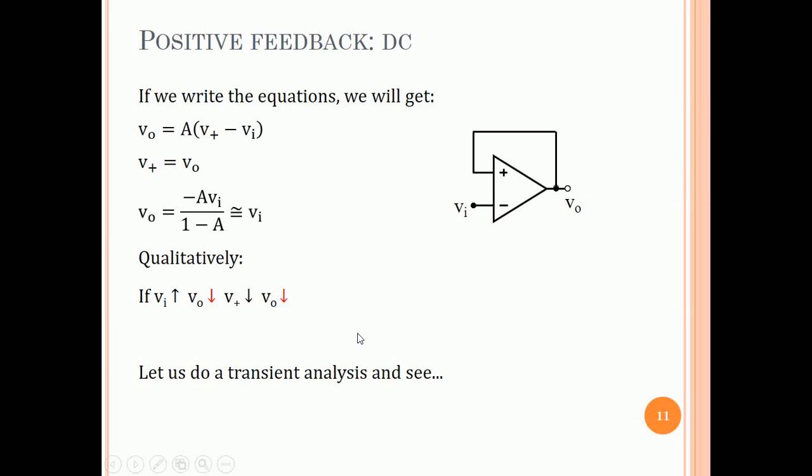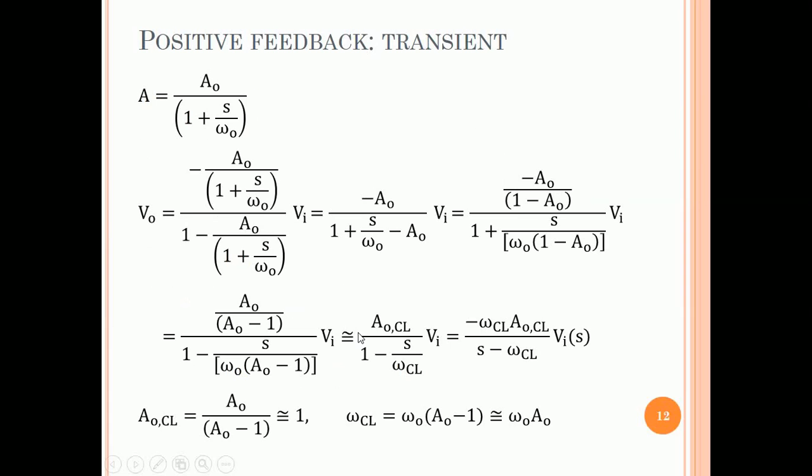So let us do a transient analysis. We take a single pole transfer function for A: A0 over 1 plus s over omega 0. Then for the closed loop, VO over VI is minus A by 1 minus A, and we substitute. Taking the 1 plus s by omega 0 down, we get minus A0 by 1 plus s by omega 0 minus A0.